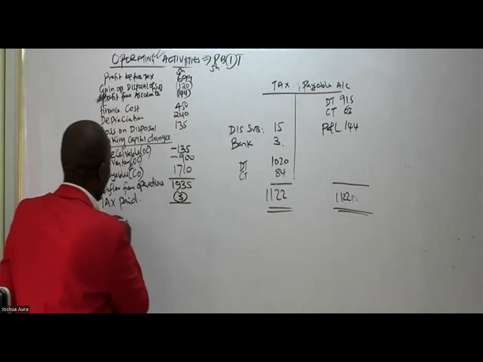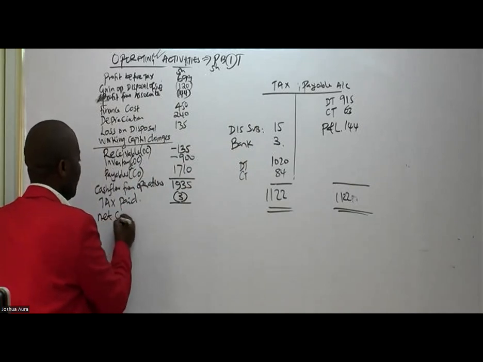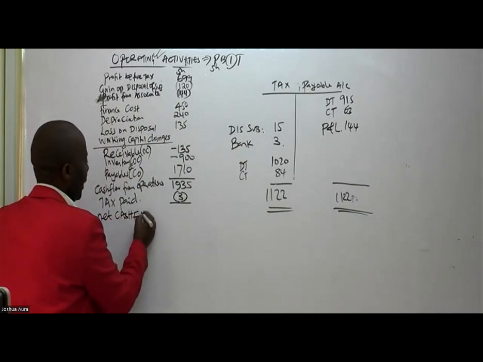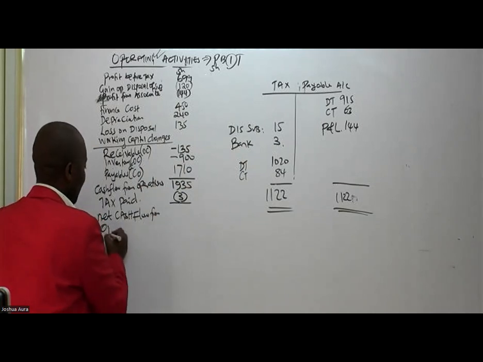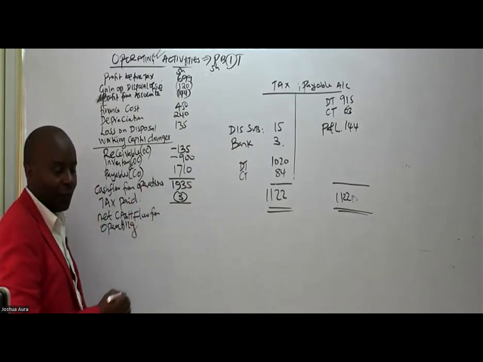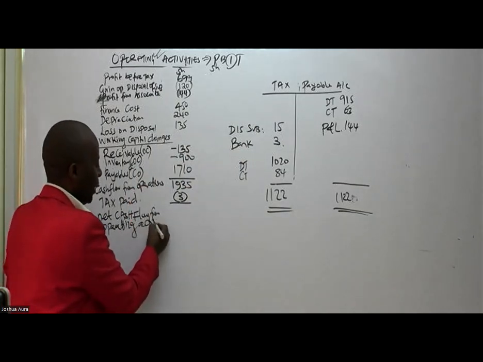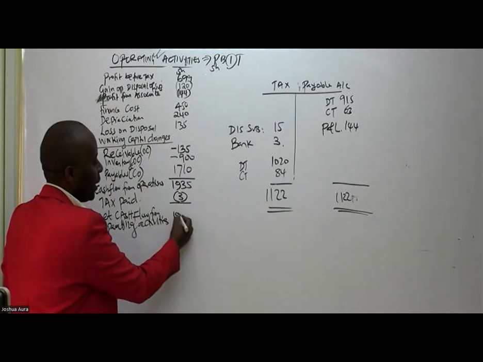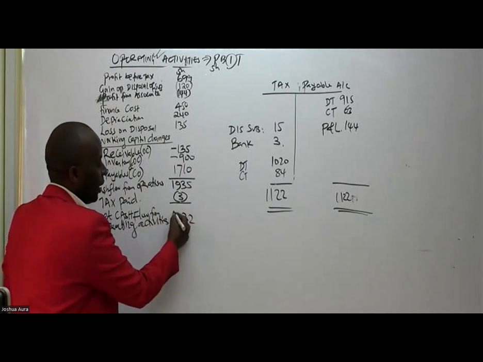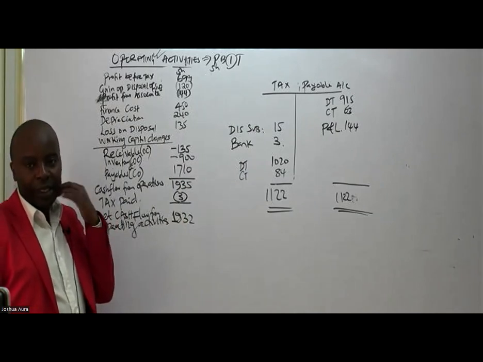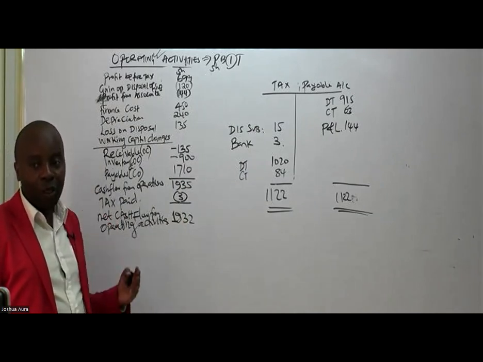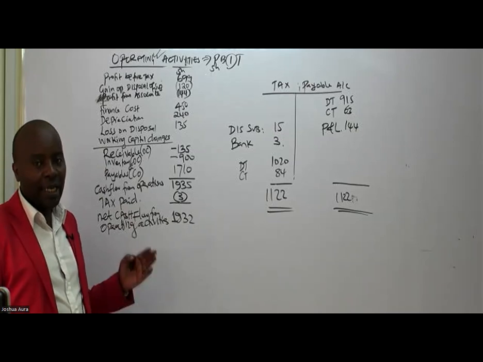Then we shall be able to get the net cash flow from operating activities, which is 1932. So now we are through with operating activities.